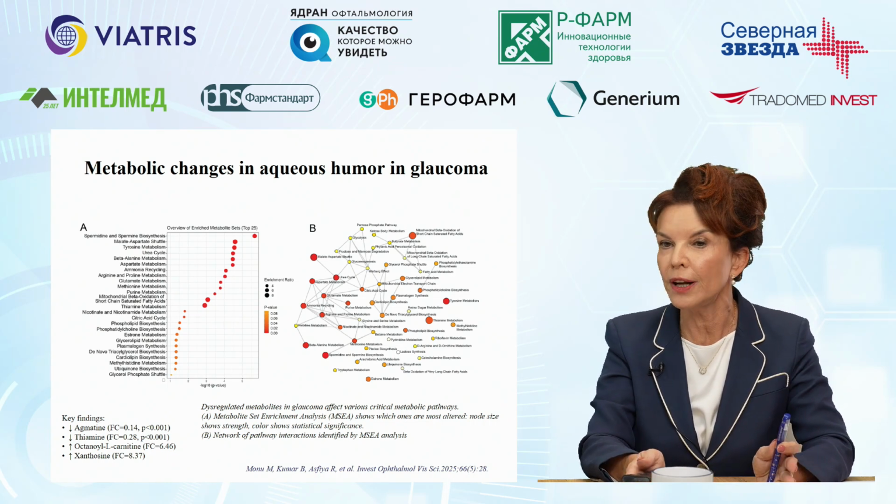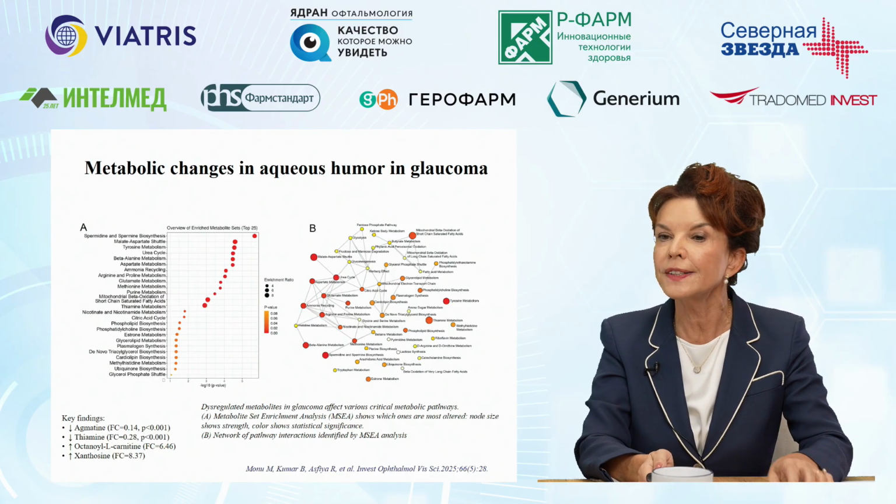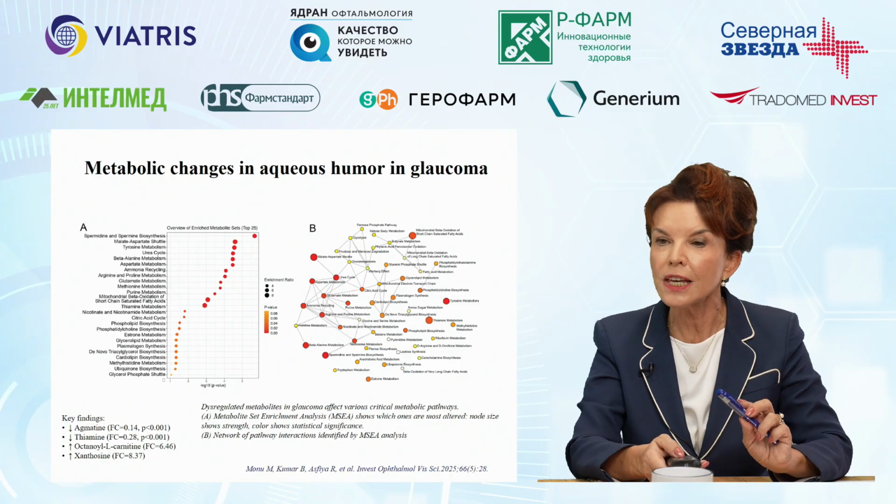They have been studied today, 140 major metabolites found in the aqueous humor, and we have the major metabolites identified.